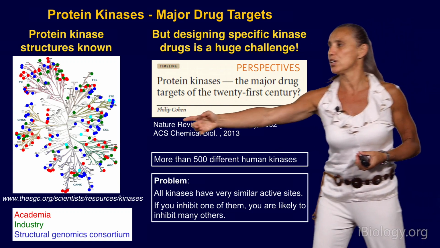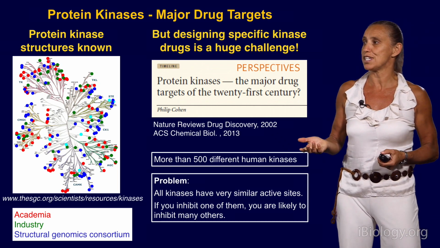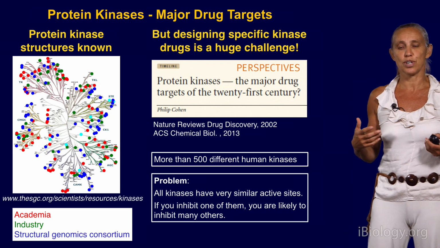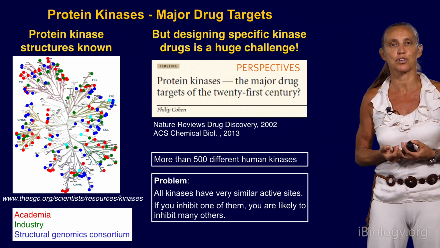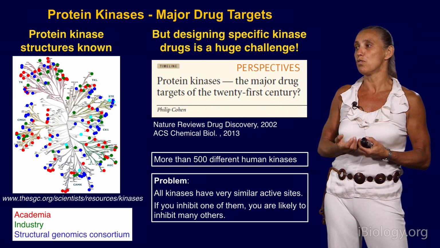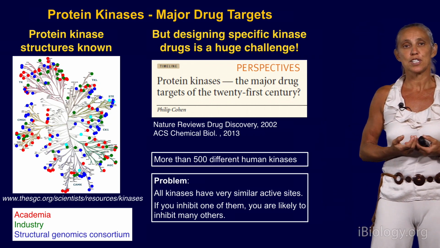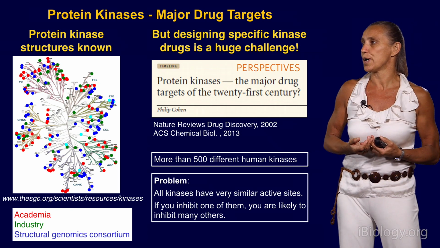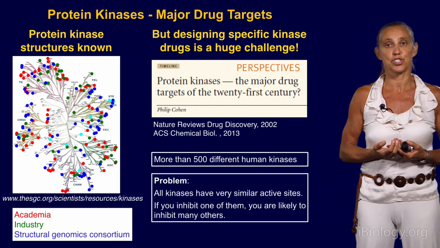What I show you over here is the phylogenetic tree of those 500 human protein kinases, mainly to stress the point that due to a combined effort from academics, industry, and the Structural Genomics Consortium, we actually know many, many high-resolution crystal structures. However, despite that fact, the large effort to design specific kinase inhibitors has still been a huge challenge.